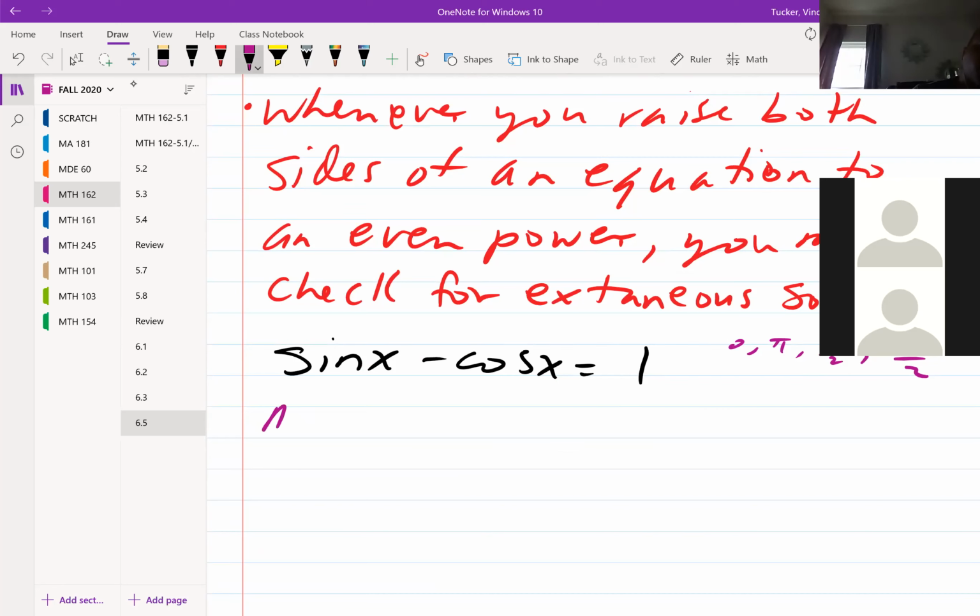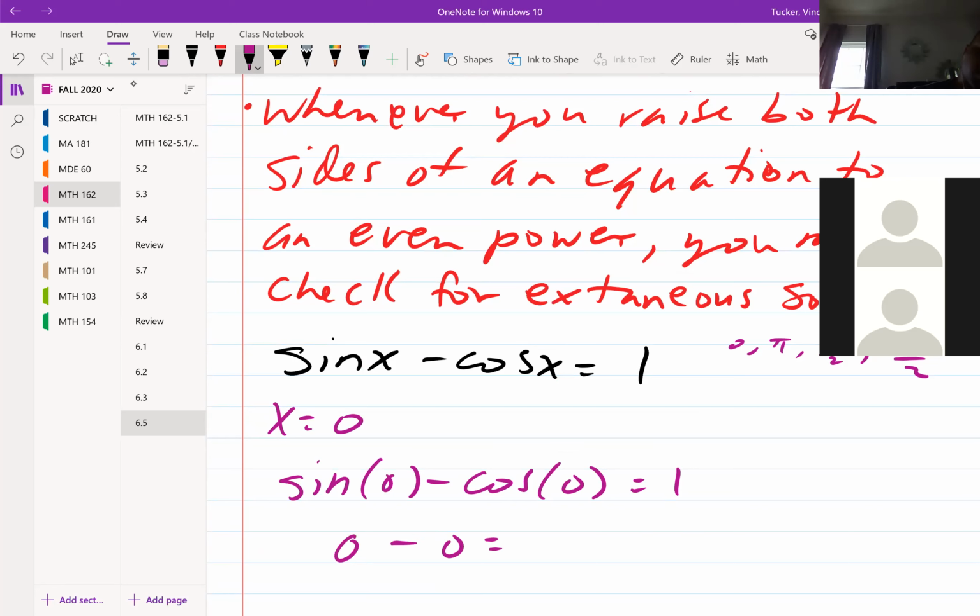First one, x being equal to 0. And if you have a calculator, of course, you should be able to just plug it in the calculator. Yeah, that's 0. So the first one does not work for us.